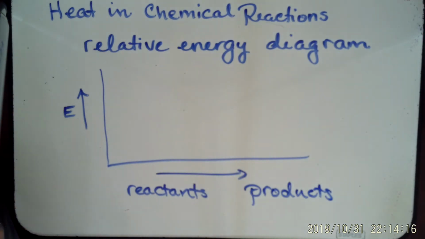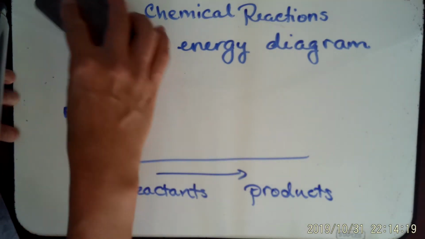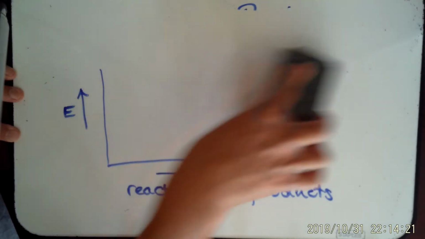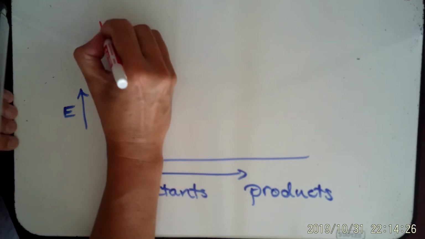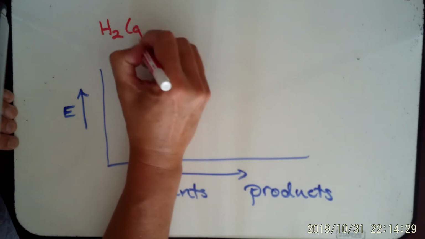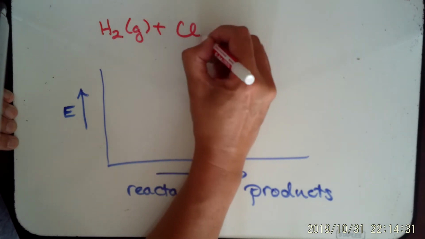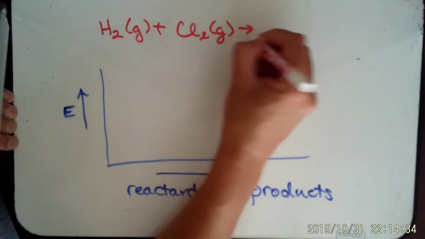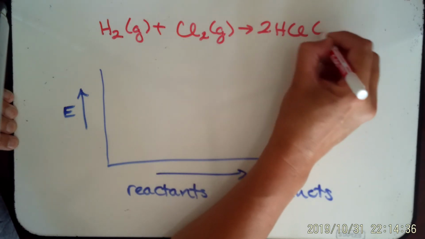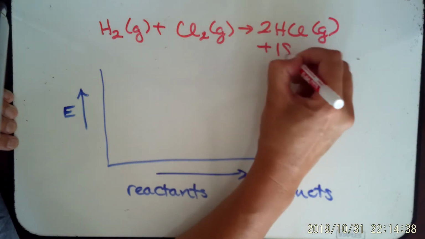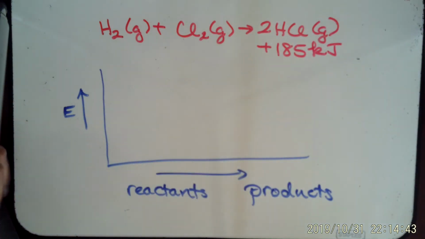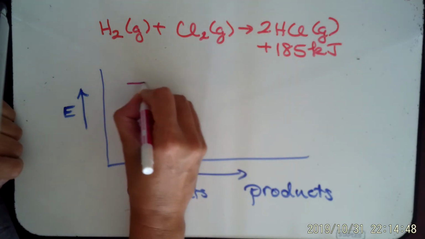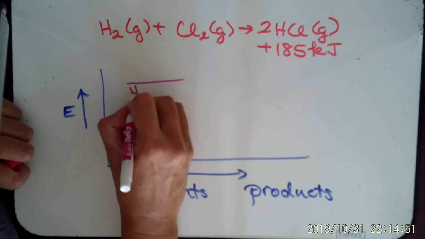So if we look at our first reaction that I had written, hydrogen plus chlorine goes to hydrogen chloride plus 185 kilojoules. Okay, so it's releasing energy. So on the products, what I've done here, I start with my reactants.